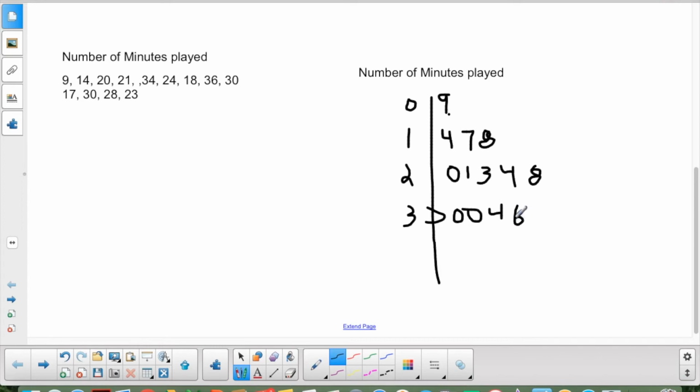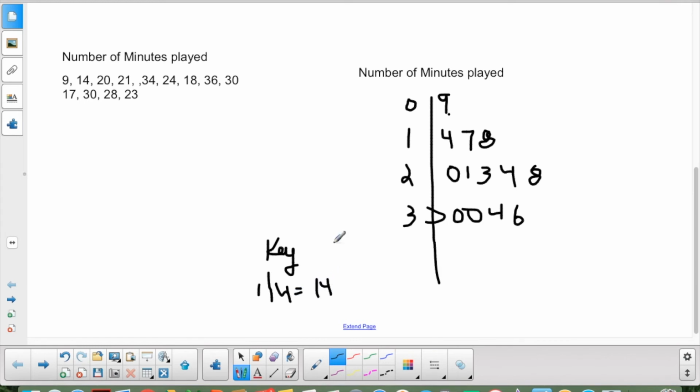So a stem and leaf plot, there's one real important thing you have to write. It's called a key. What a key does is allow a person to know what these numbers represent. You can pick any number you want in here, and I can do 1-4, and then I'll say that it equals 14 minutes.